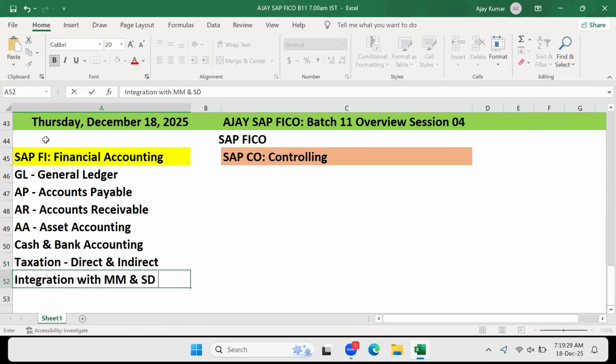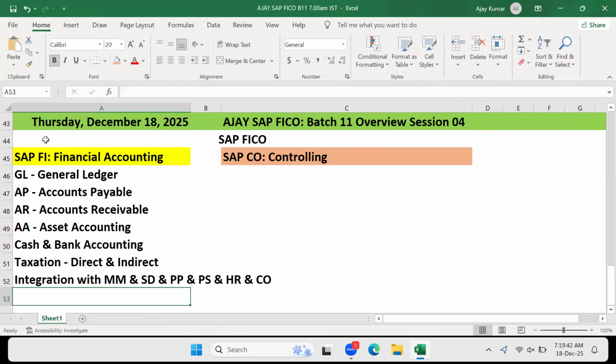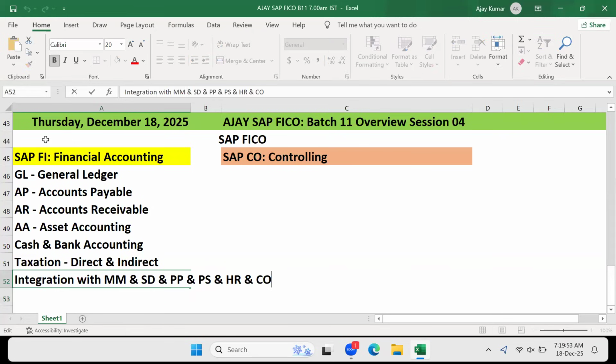We also have different things like PP and PS and HR and CO. You have single integration or multiple integration? Multiple integration. You can also talk about PM here.